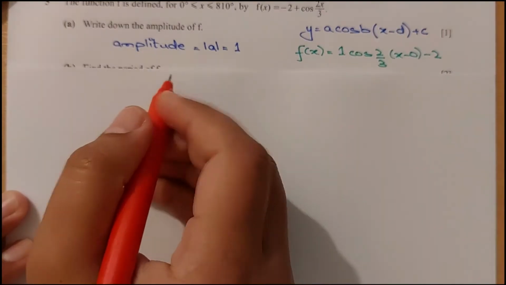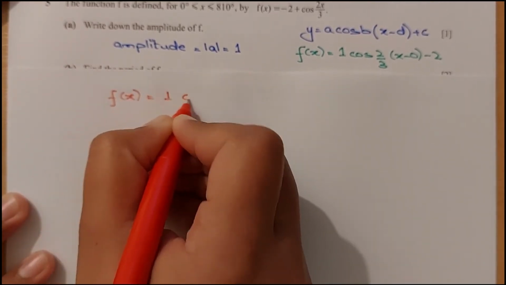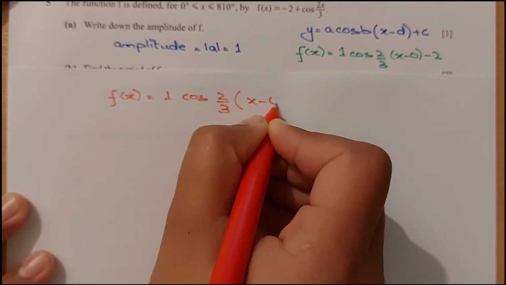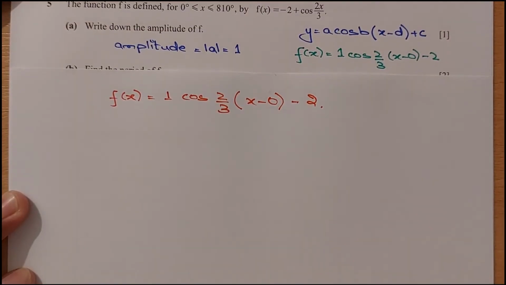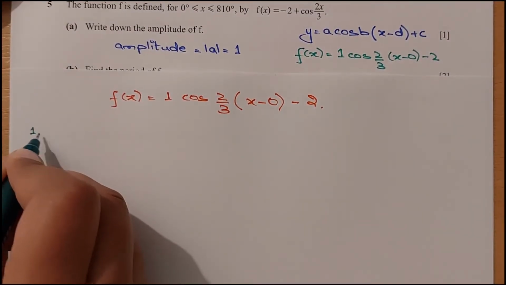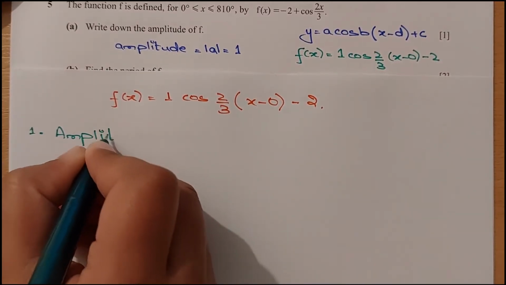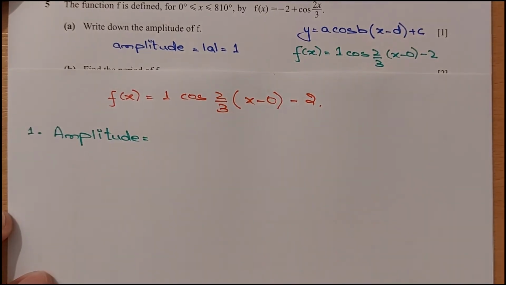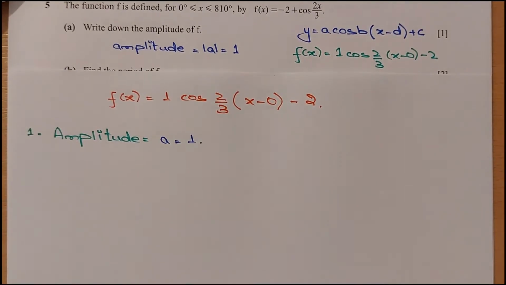Let me rewrite this as f of x equals 1 cos 2/3 x minus 0, minus 2, right? The first thing we need is the amplitude. The amplitude is the absolute value of a, which equals 1.